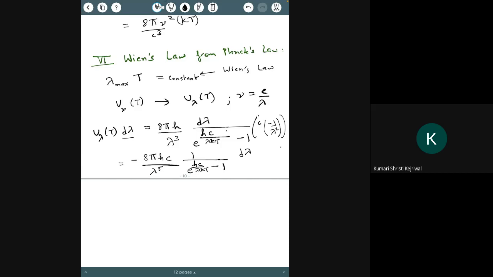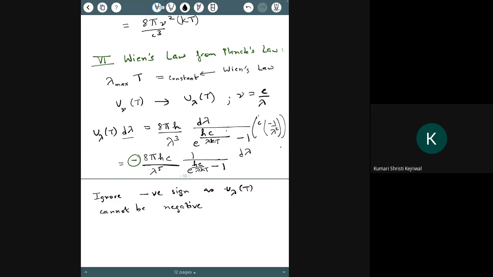Here we have a little bit of a strange thing. We ended up with a minus sign, but we simply ignore the negative sign as u lambda t cannot be negative. This is the difference between going from nu to nu plus d nu, which is like going from lambda to lambda minus d lambda.